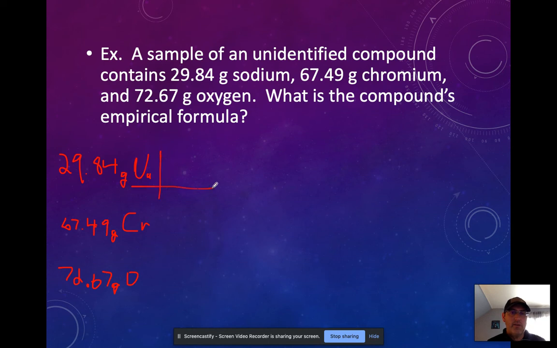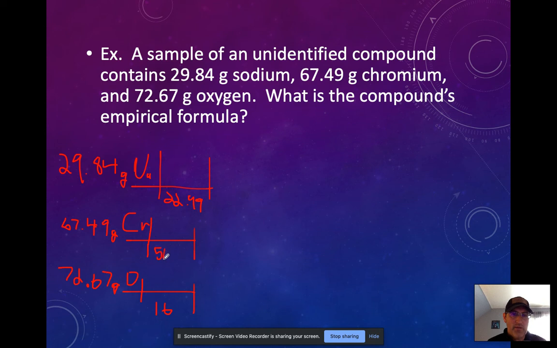So we're going to convert these to moles by dividing by the mass from the periodic table. Oxygen, again, 16. Sodium, we just did that one, 22.99. And chromium, 52.00.